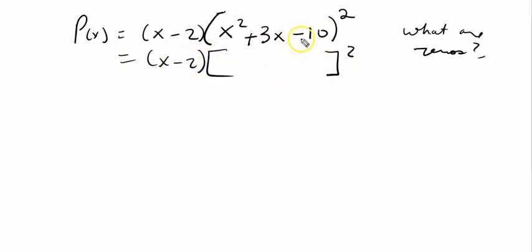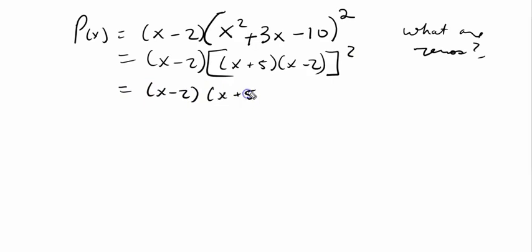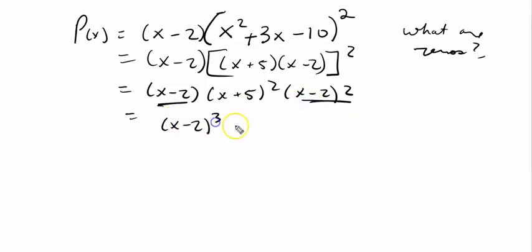And yeah, positive 5 and negative 2. 5 times negative 2 is that, and 5 plus negative 2 is positive 3. And so this is going to now be x plus 5 squared and x minus 2 squared. And then I can combine these, and that's going to be x minus 2 all cubed.